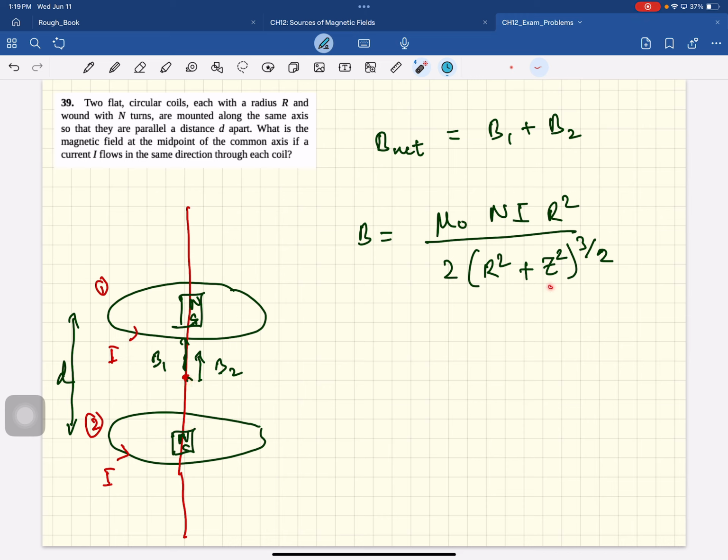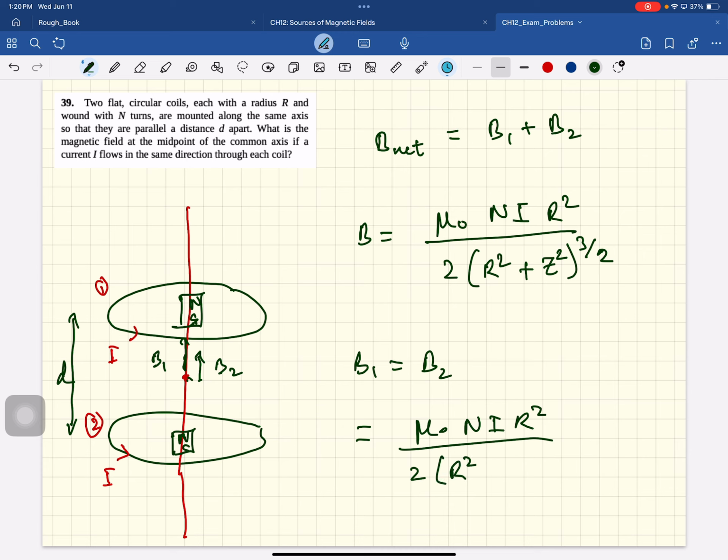Okay, and again it's that, so you can see that B1 equal to B2 equal to mu naught N I R squared over 2 times R squared plus d by 2 squared to the power 3 halves.